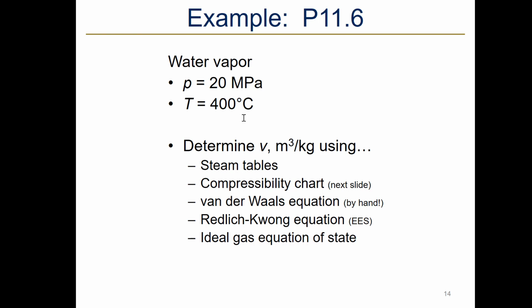Using the van der Waals equation, we're going to do it by hand, and then we'll do both van der Waals and the Redlich-Kwong equation in EES because it can do iteration for us. I'm going to show you by hand how to do van der Waals, that iteration process. Then the ideal gas equation of state, and we're going to compare all five of these, the steam tables being the standard we'll compare to. So look for that in the example in a separate presentation.